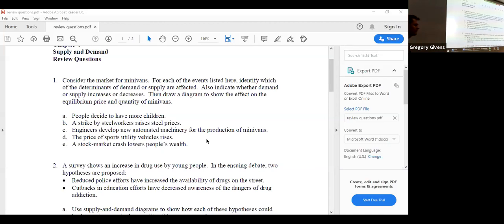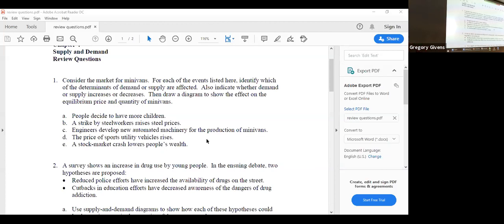If suddenly families are getting larger, there's probably going to be a preference change from mid-size cars to larger cars like minivans. And so the demand curve will shift to the right. And what happens to price and quantity? Both go up. If you don't believe me, draw a demand and supply schedule and shift your demand curve to the right and see what happens.